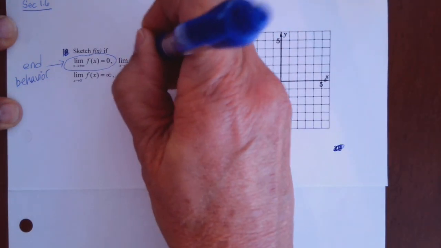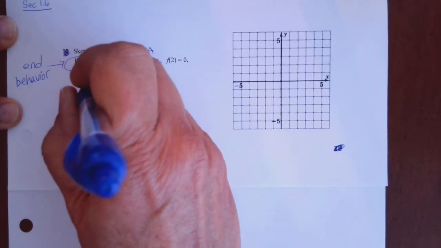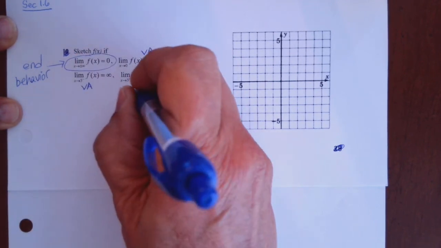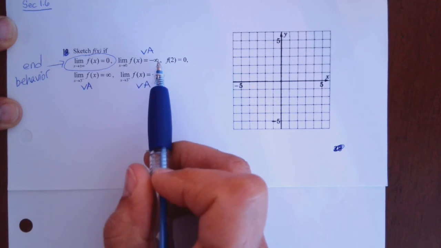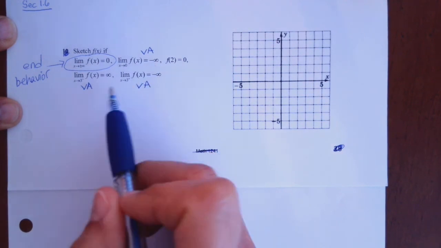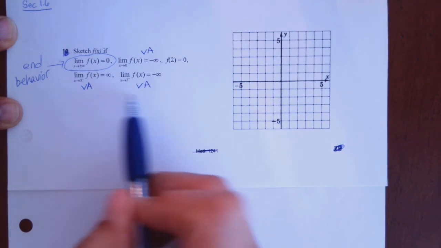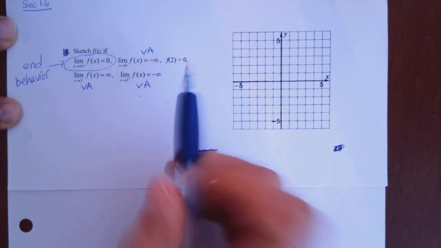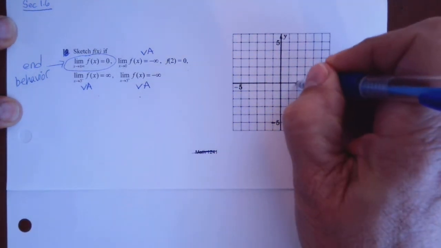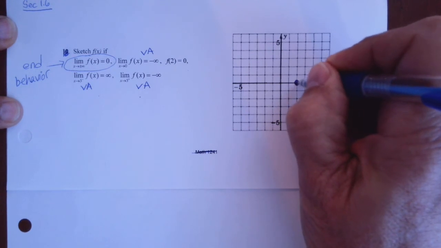So this is a vertical asymptote, this is a vertical asymptote, and this is a vertical asymptote. So any value that goes to a number where its limit is infinity or negative infinity are vertical asymptotes. And this obviously is a function value. So I'm going to start there. That's easy. F of 2 is 0.